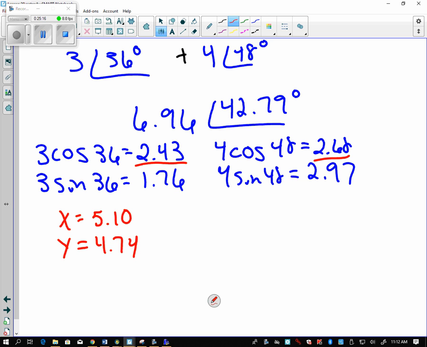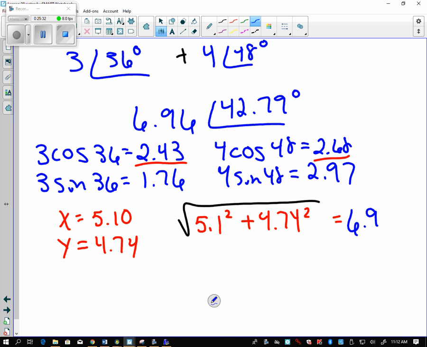Okay, so from there, we want the hypotenuse. So square root of 5.1 squared plus 4.74 squared, and we got 6.96. Okay, then we're going to do inverse tangent of what? 4.74.